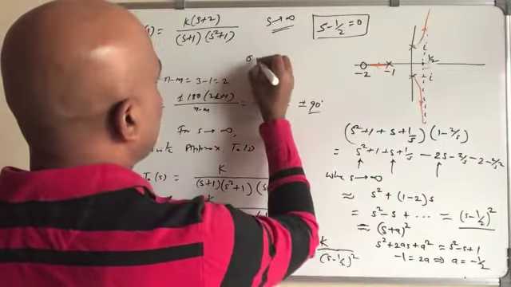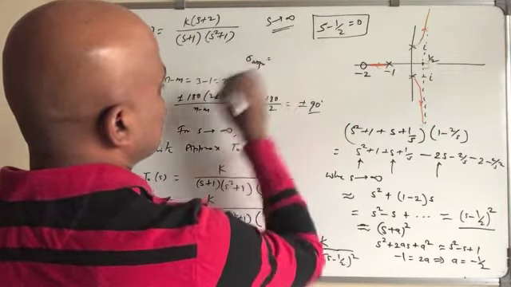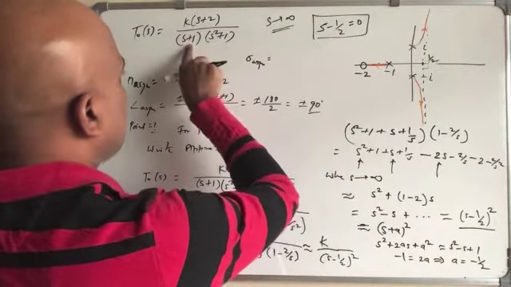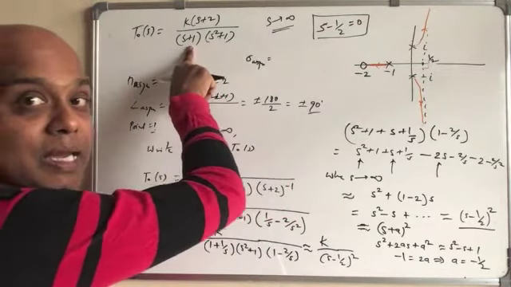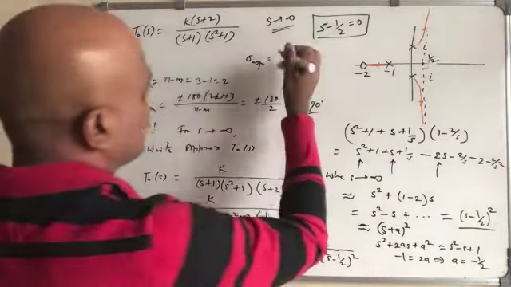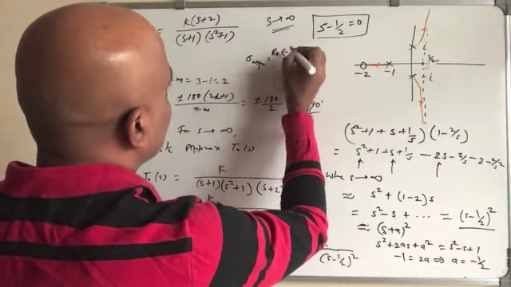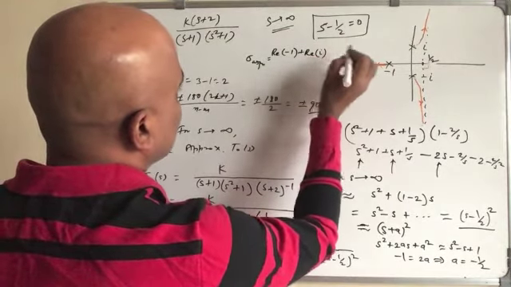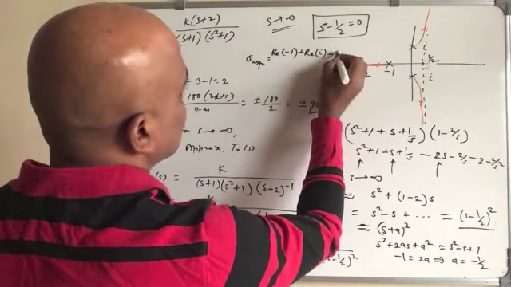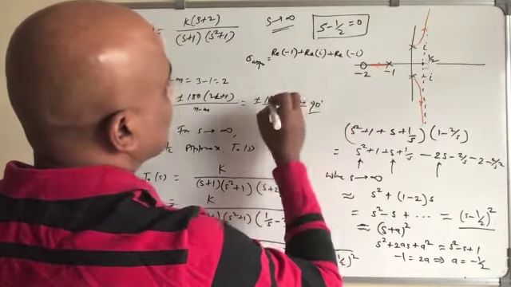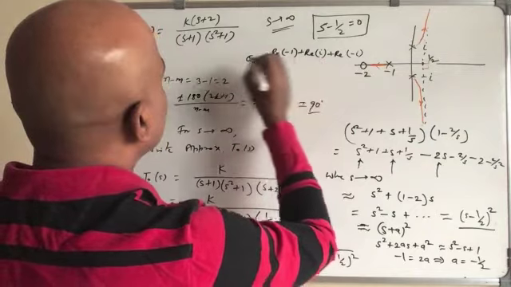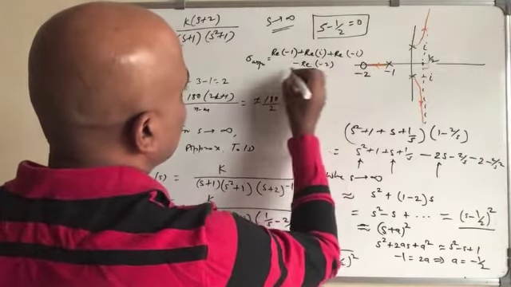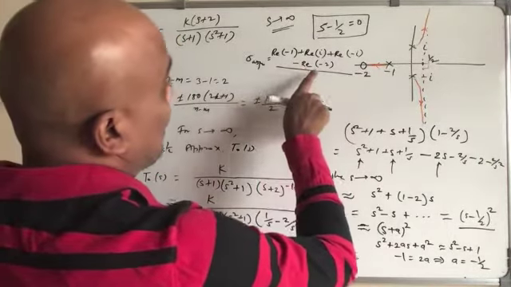Sigma asymptote is equal to real of minus p1, so real of minus 1 here, plus real of i, plus real of minus i, and then minus real of minus 2, divided by n minus m.